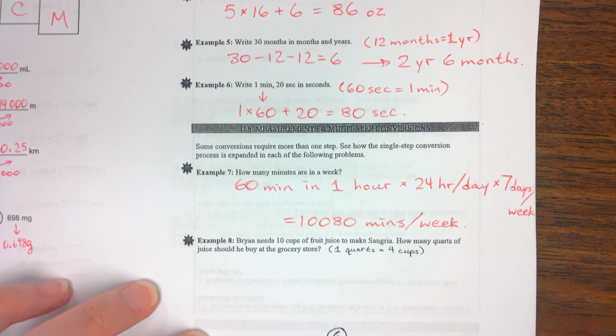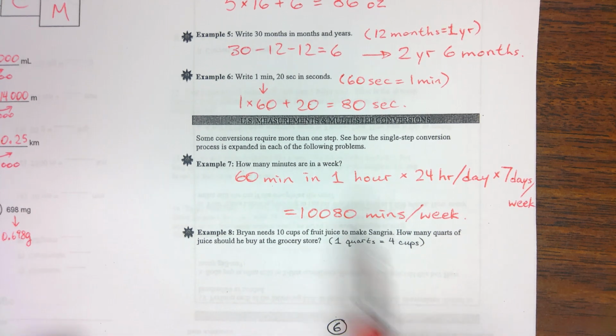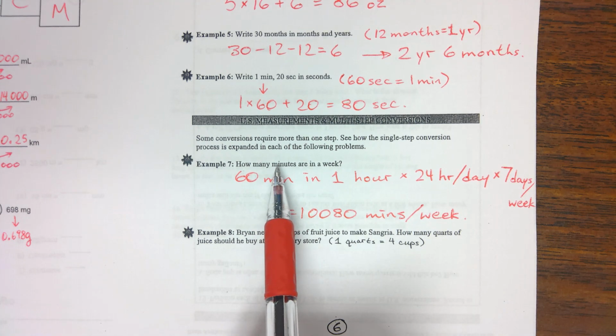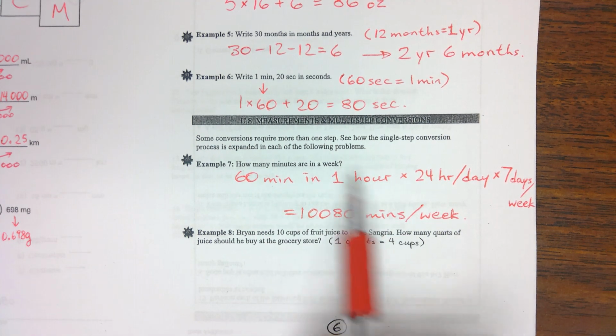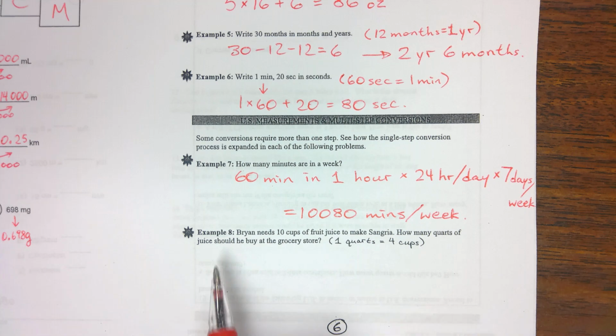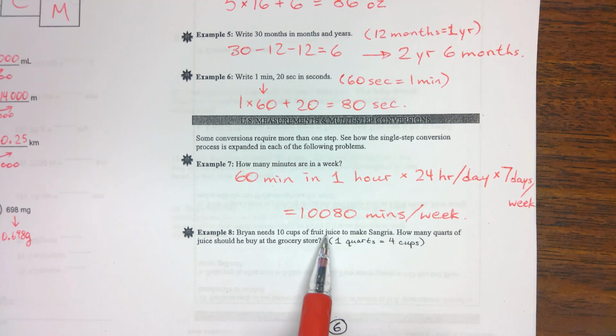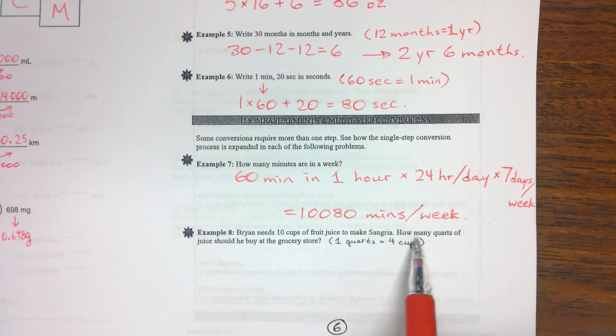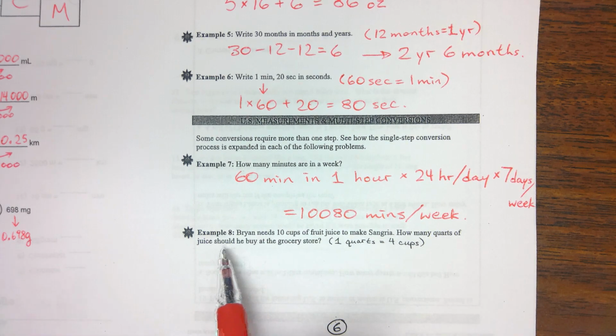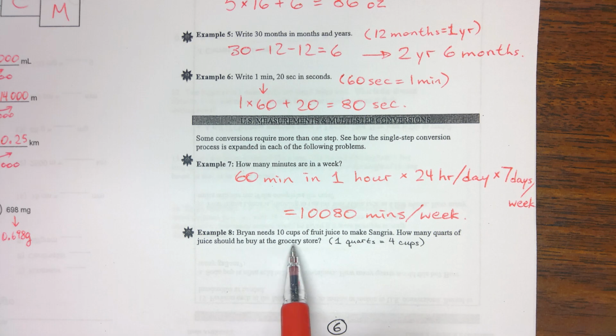Okay. So notice this one. We use what we know to get to what we don't know. So multi-step, and that's perfectly how you do math. What about this one? He needs 10 cups of fruit juice to make sangria. How many pots does he need to buy at the grocery store?